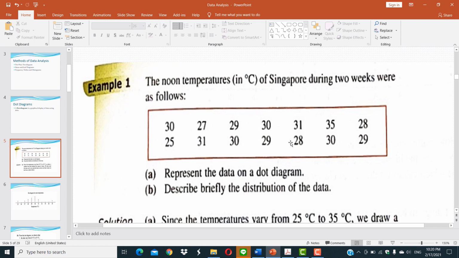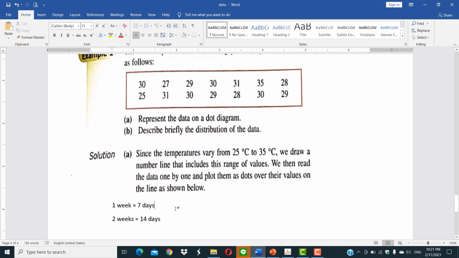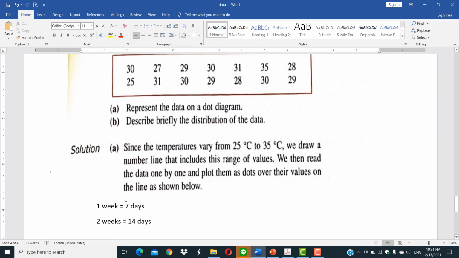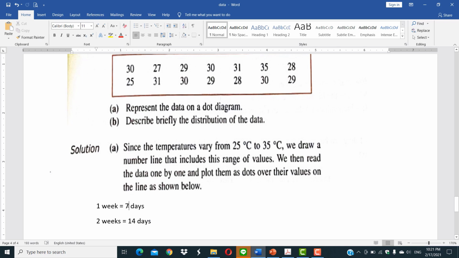This is the data of temperature of Singapore during 2 weeks. 1 week is 7 days, so 2 weeks is 14 days.